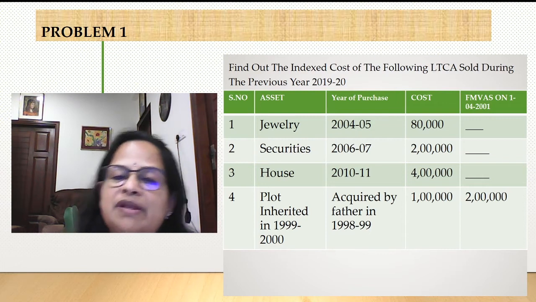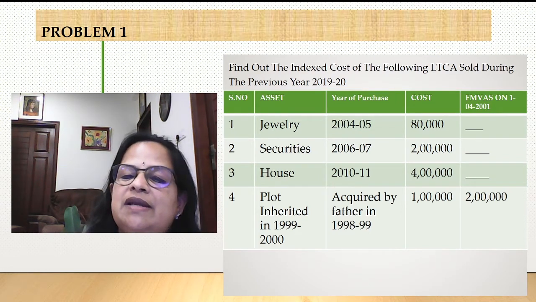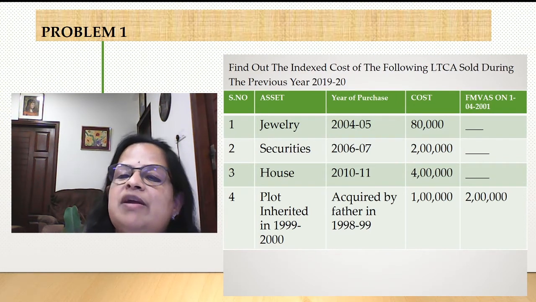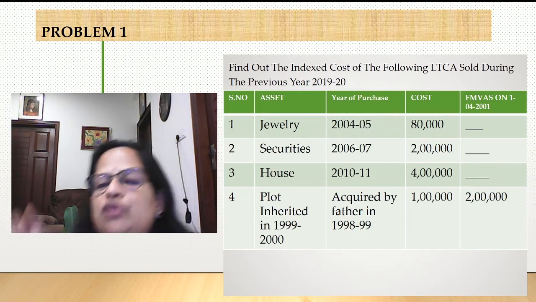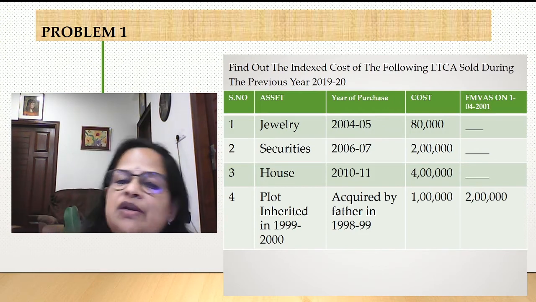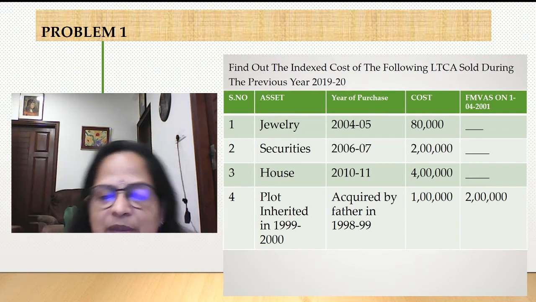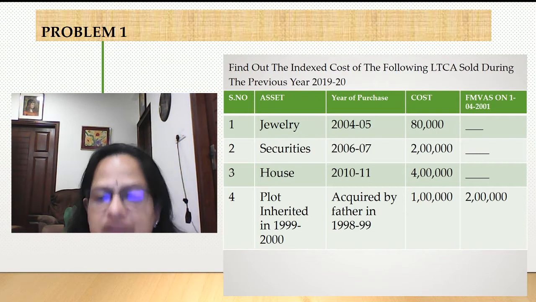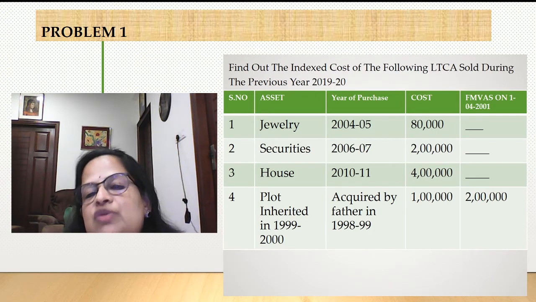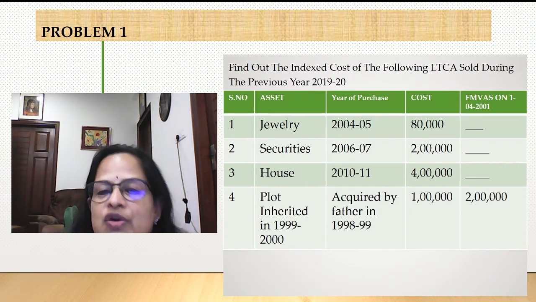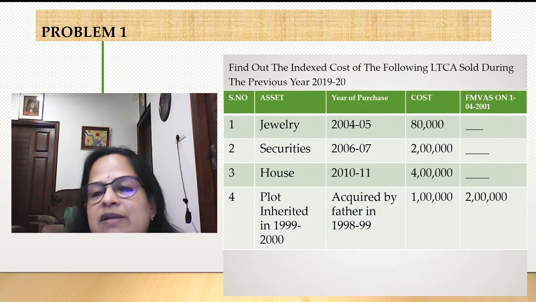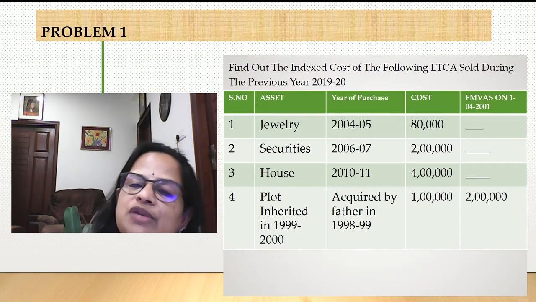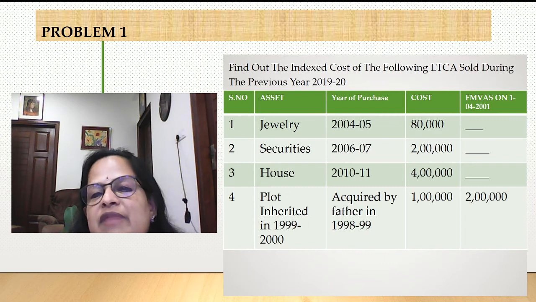So you have to remember that father acquired in 98-99. That is why here the fair market value is given as on 1/4/2001, because not the assessee, the assessee has not spent anything. The assessee's cost is nil, zero, because he got it from his father free. So what is the cost to the previous owner? In this case, previous owner is the father. That is why fair market value only for that plot we have given in the table.